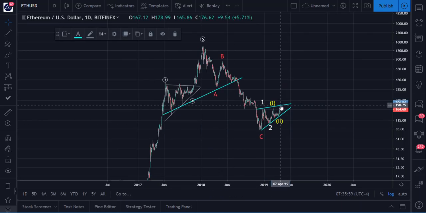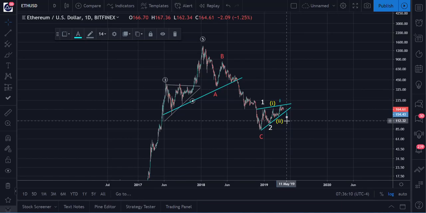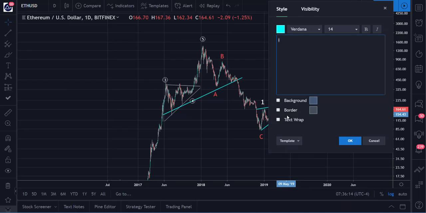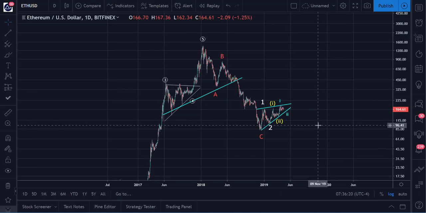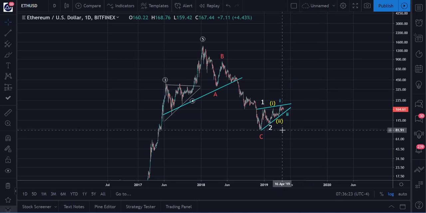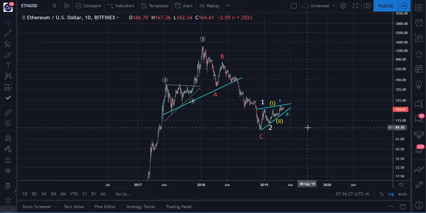And if we have this blue 1 and blue 2, which are the subwaves of yellow 3, then we have the blue 1-2 nested within the yellow 1-2, which are then nested within the white 1-2. That is the nested 1-2 Elliott wave phenomenon.